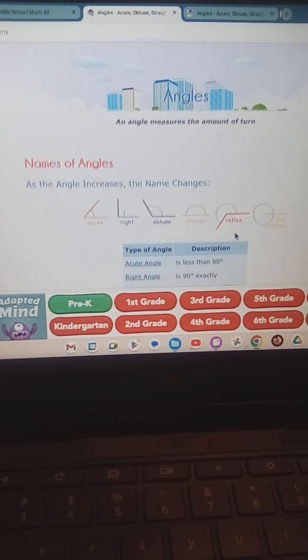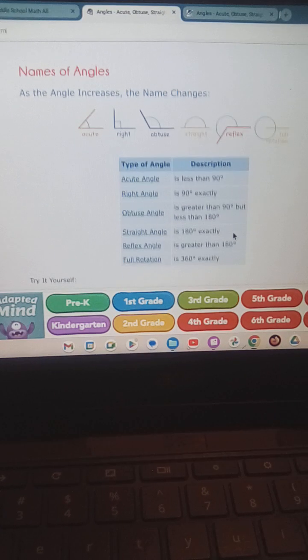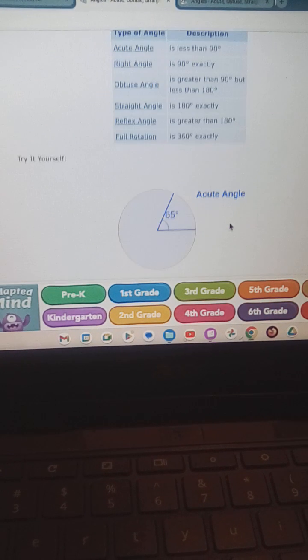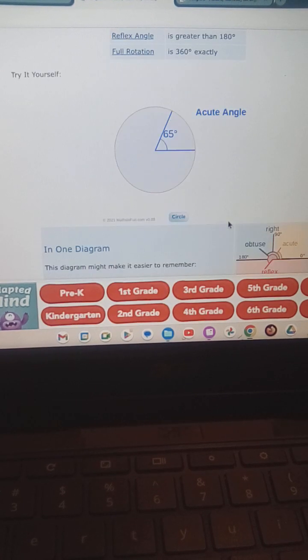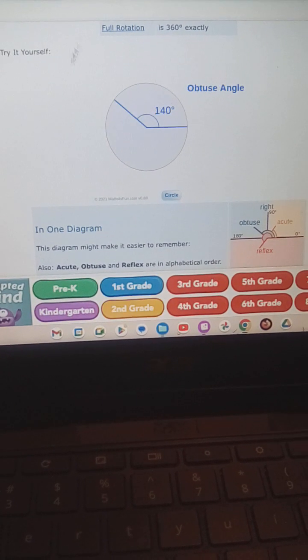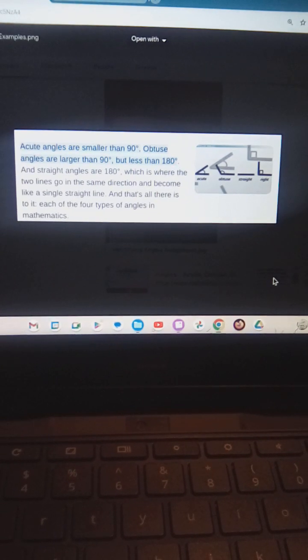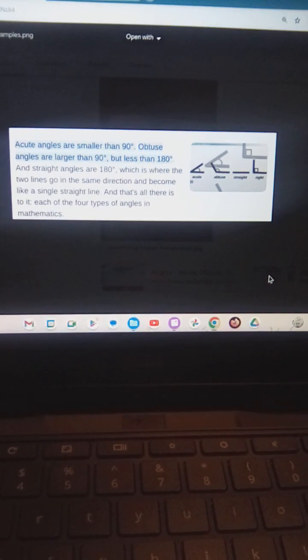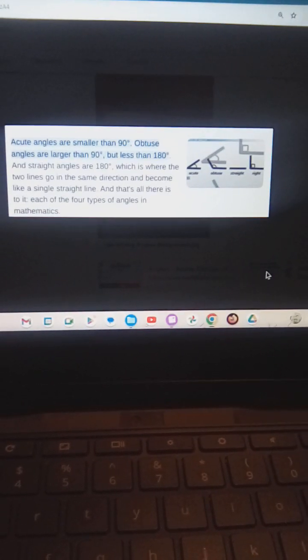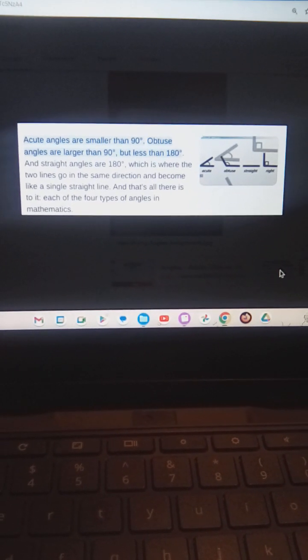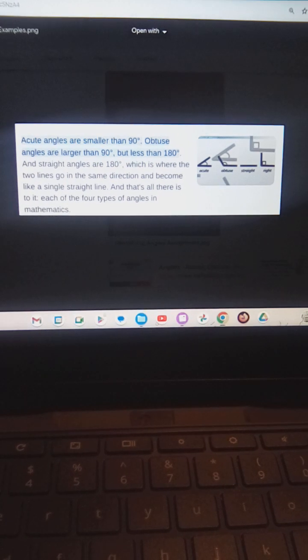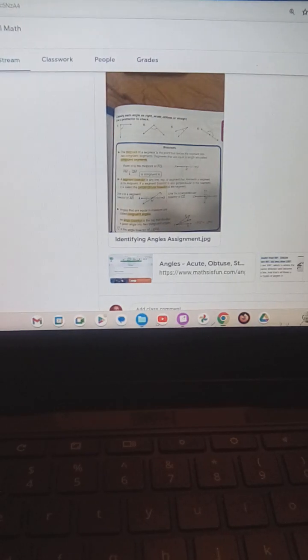I have the website added to the post for tonight. This is a screenshot of acute, obtuse, straight, and right angle. Any questions so far on what I just mentioned at the beginning?